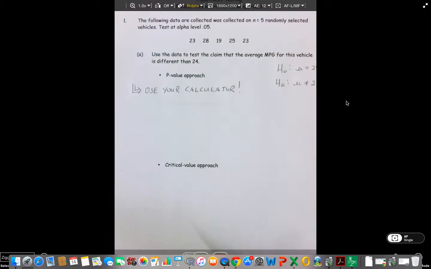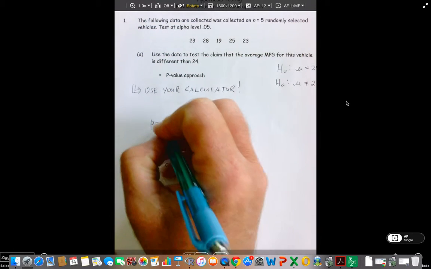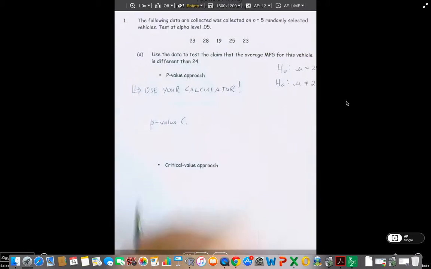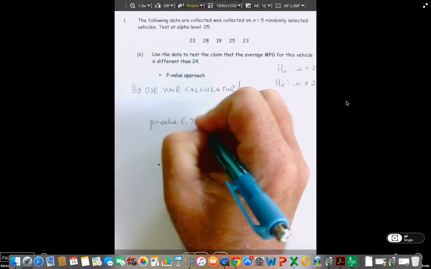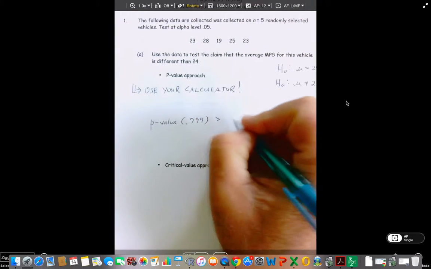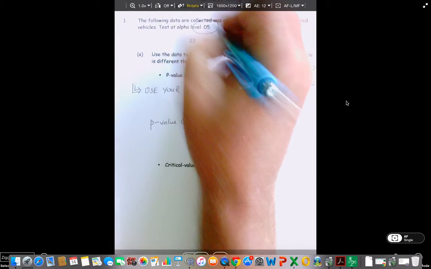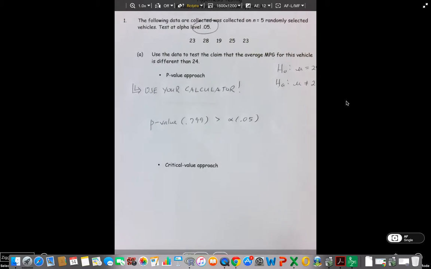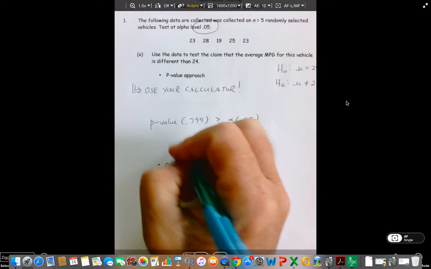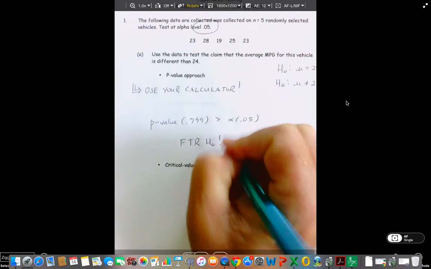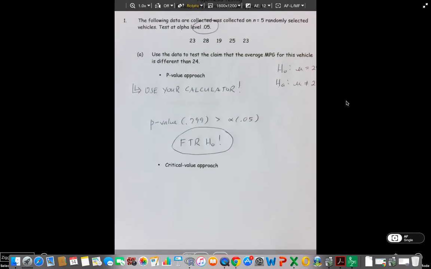So my p-value, 0.799, is greater than my alpha up here. So what's my decision? Fail to reject the null hypothesis.